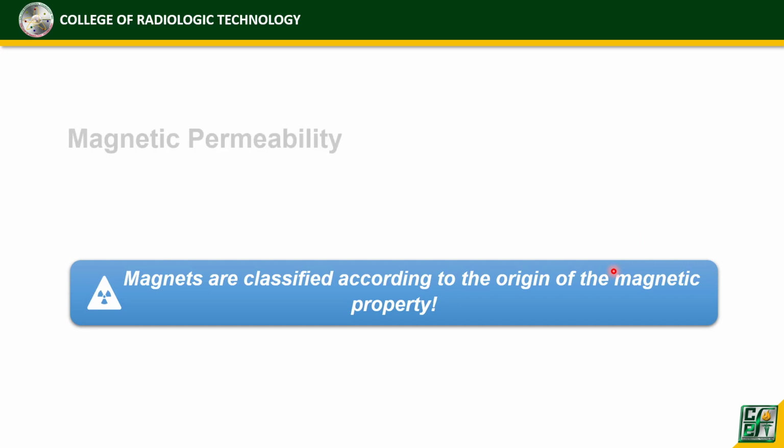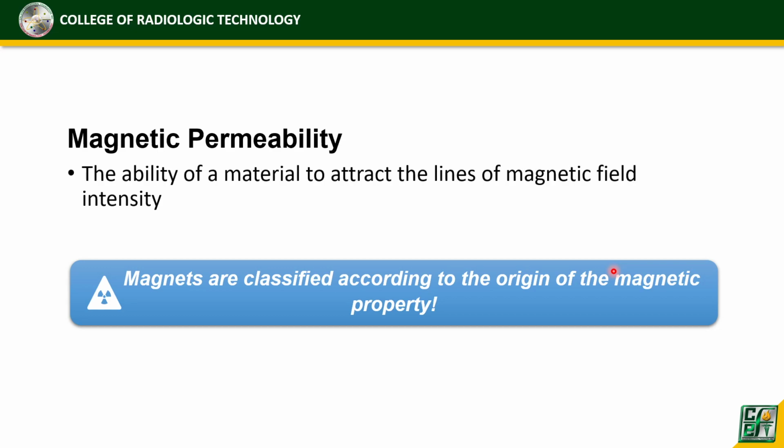So magnets are classified according to the origin of their magnetic property. And magnetic permeability is the ability of a material to attract the lines of magnetic field intensity. So isang magnetic permeability sa property ng isang material. Okay? And therefore, nakasalalay sa magnetic permeability kung paano natin ma-classify ang isang material.